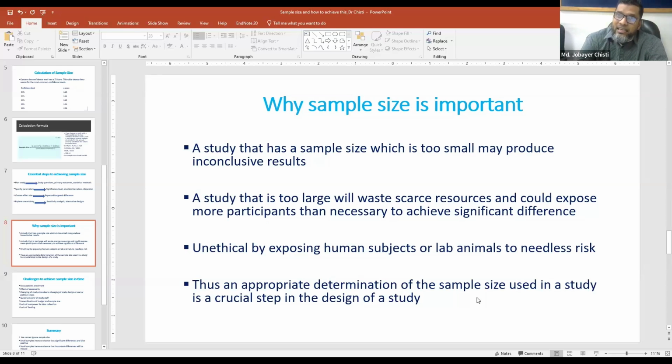And simultaneously, in some cases, we might get some statistical difference with a smaller sample size. However, if we get the adequate sample size, that difference might not be attained eventually. So a sample size should not be too small.